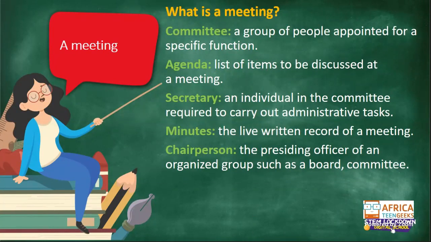Minutes are the live written records of a meeting, and a chairperson is the presiding officer of an organized group such as a board or committee. So when you look at all of these definitions, they form part of an actual meeting. And when you talk about an agenda and minutes to a meeting, these two things are closely related to how meetings are carried out.